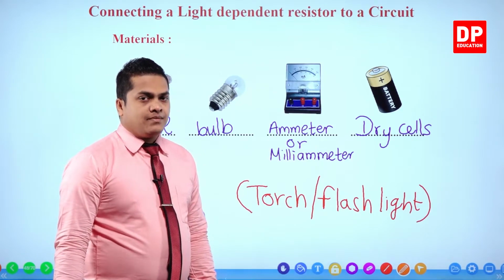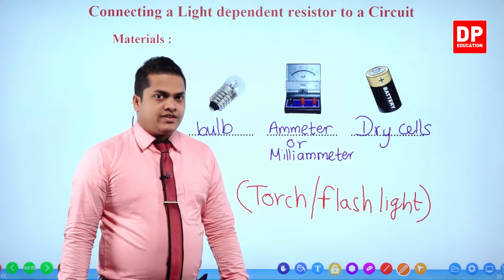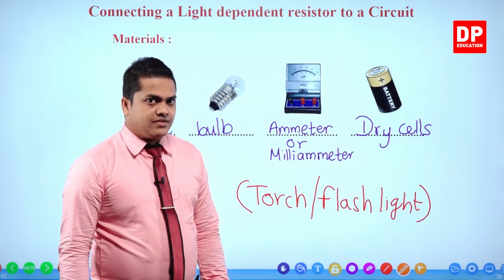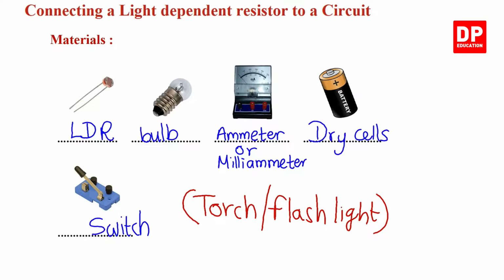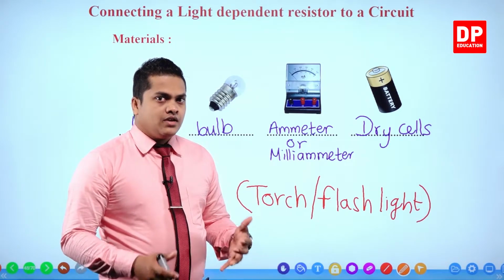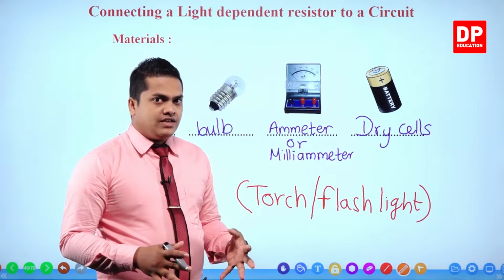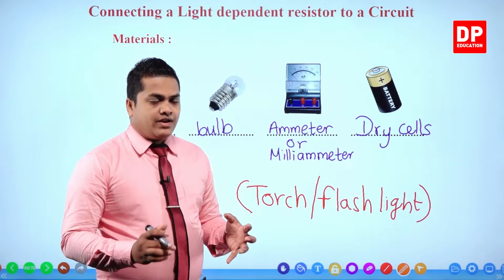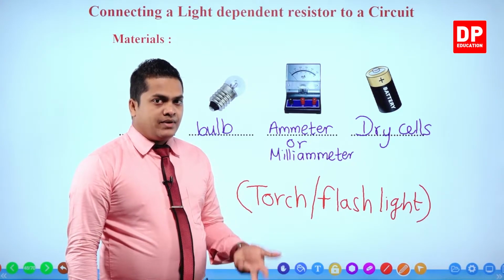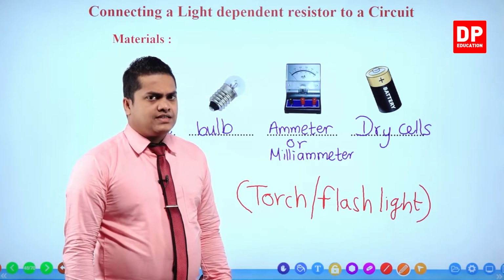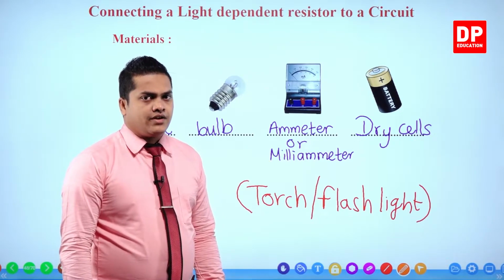Now you know that a light dependent resistor changes its resistance according to the amount of light being received. So if you want, you can direct a flashlight, but if you have plenty of light in your room or whatever place you are going to stay, then you won't be needing the flashlight, because a flashlight is needed to direct a good beam of light onto the surface of the LDR, right?